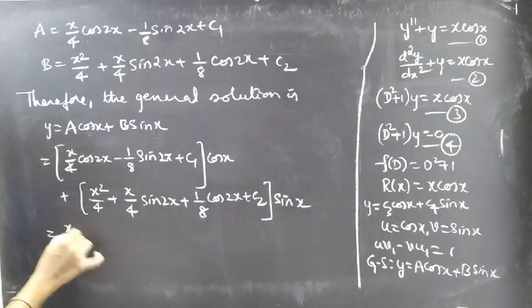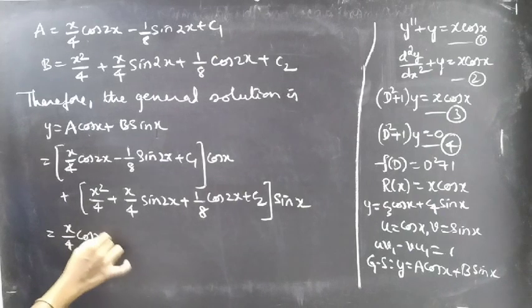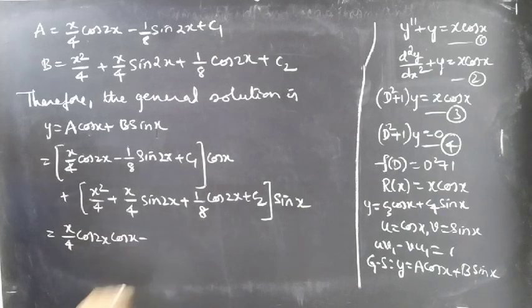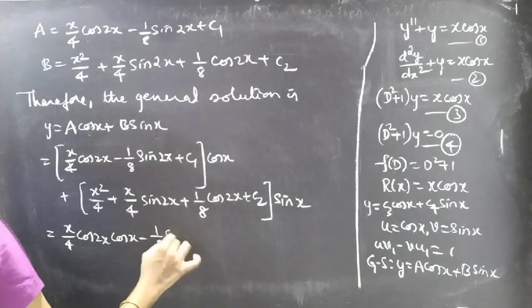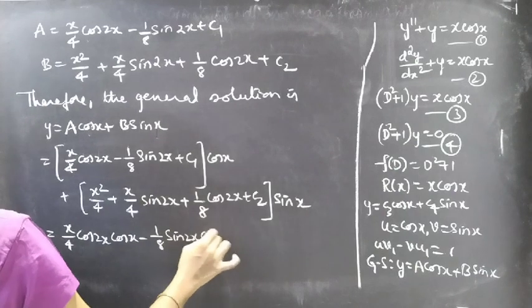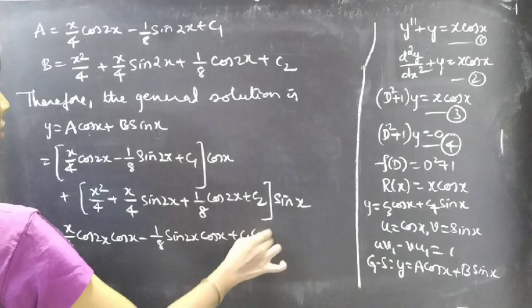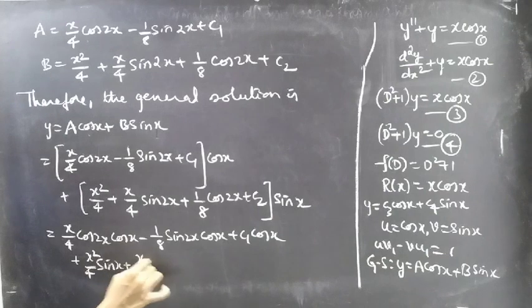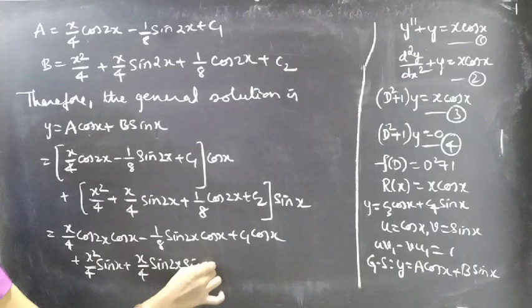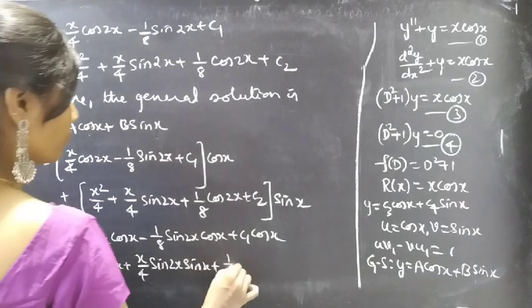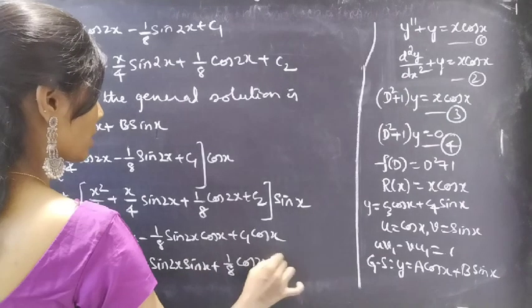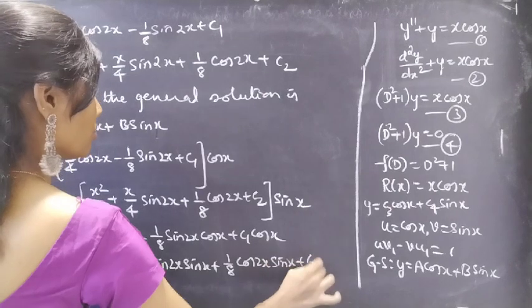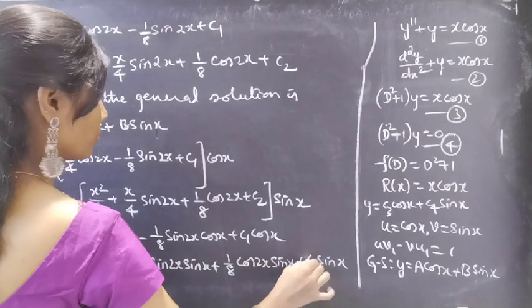This gives us x by 4 cos 2x into cos x minus 1 by 8 sin 2x cos x plus C1 cos x plus x squared by 4 sin x plus x by 4 sin 2x sin x plus 1 by 8 cos 2x sin x plus C2 sin x.